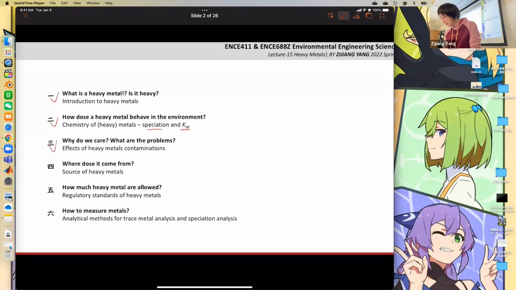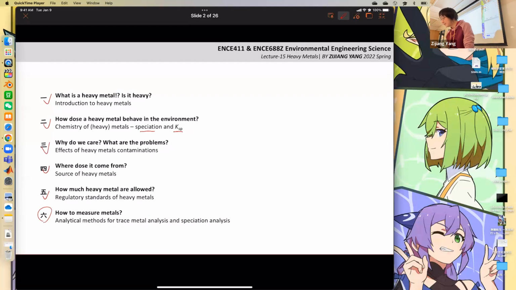And then we are talking about the effects of heavy metals, and then the sources and the related regulatory standards of the heavy metals. And finally, I will briefly talk about the analytical method for trace metal analysis, because we are going to use this method in the lab.